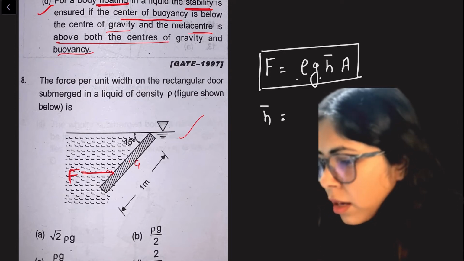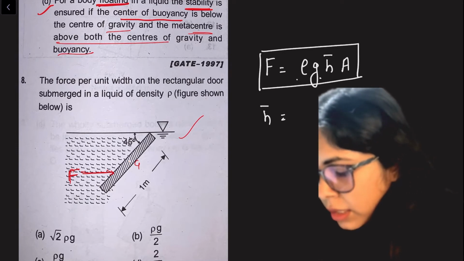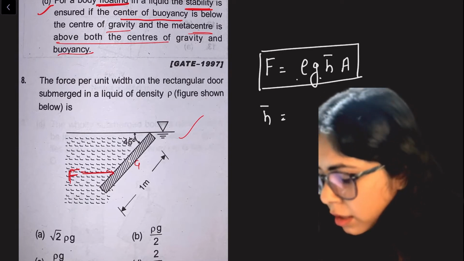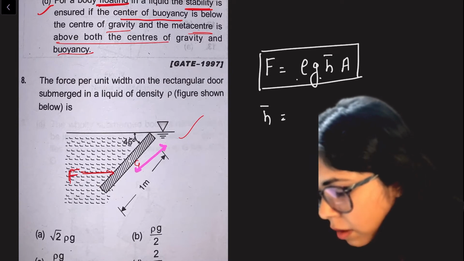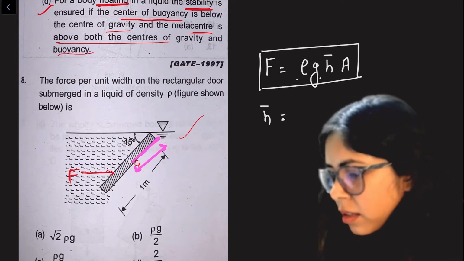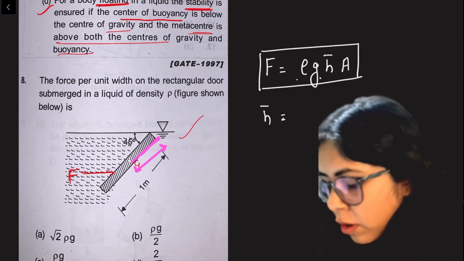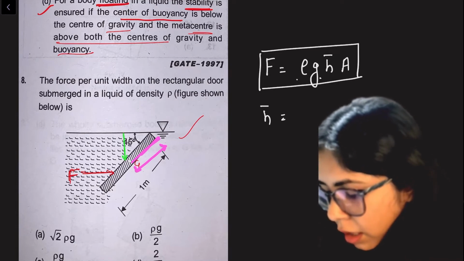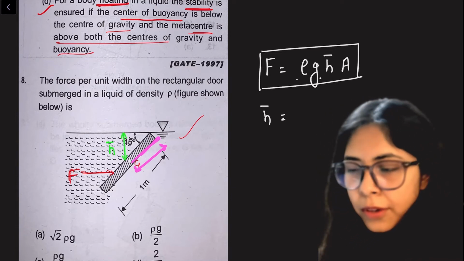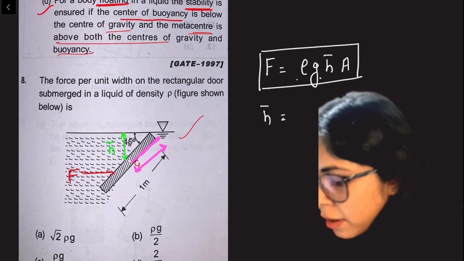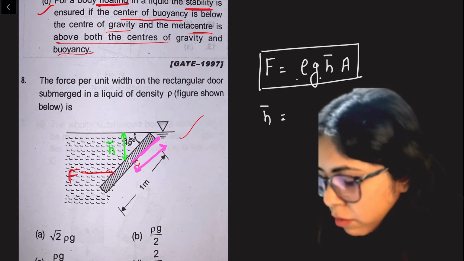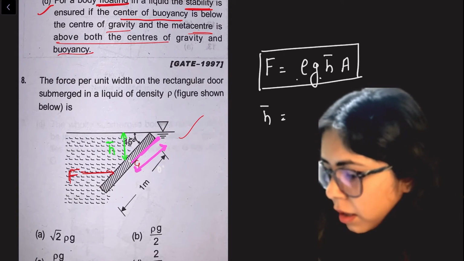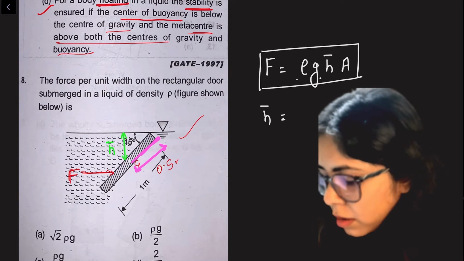h bar is the effective vertical depth of the CG. See, this is not the h bar. This is the height of the center of gravity of the body, but vertically what is the height? That is h bar, which I need to calculate. Let's say this length is 1 meter, so half will be 0.5 meters.